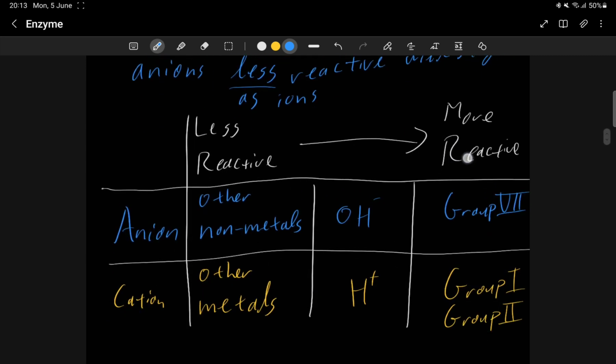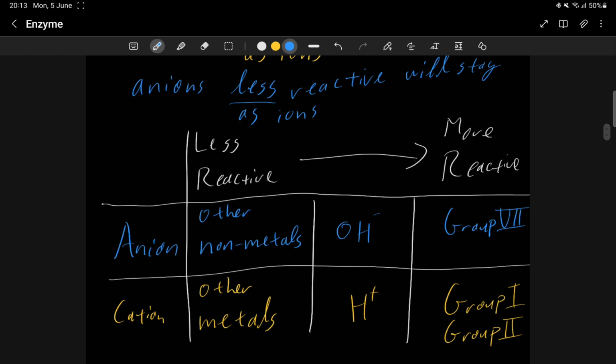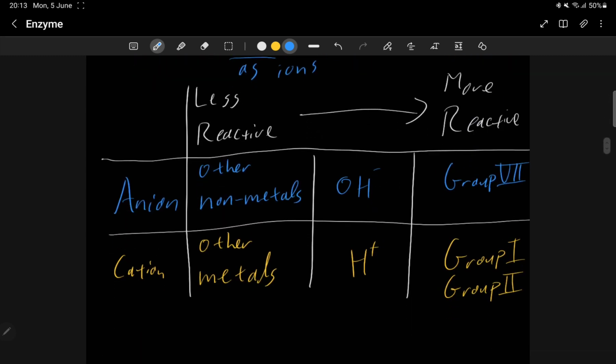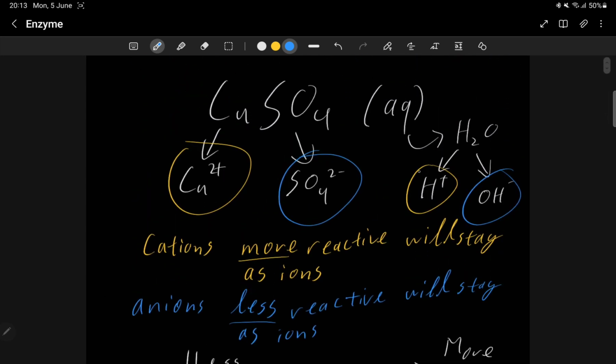Let's look at your cations. The more reactive ones would be group 1, group 2. We don't have any of that. Copper is not group 1, group 2. Hydrogen is not group 1, group 2. Next is hydrogen, and the less reactive one would be the other metals. So hydrogen will stay as an ion, so it's not going to be formed. So copper will be formed.